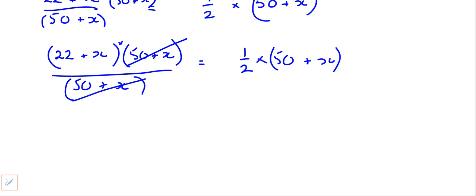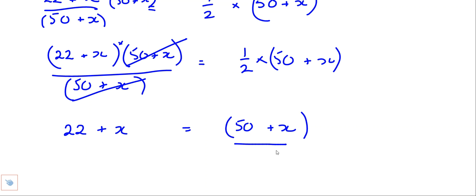Now, on this side, I'm left with 22 plus x. On this side, instead of times a half, I'm going to write it as 50 plus x, all divided by 2. Are you happy with that? Yeah. What do I do to get rid of the divide by 2?